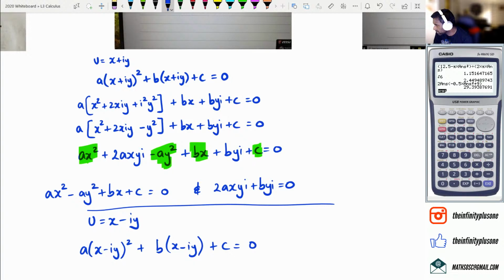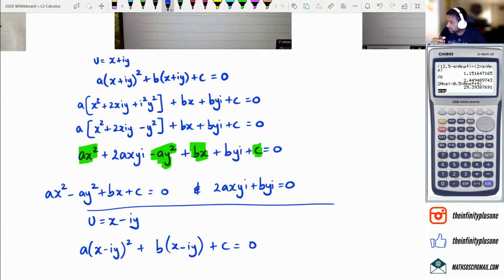What is up to i squared inside the bracket? U conjugate. You okay with that?